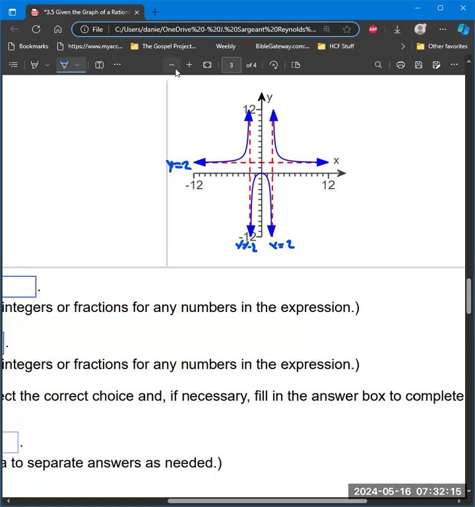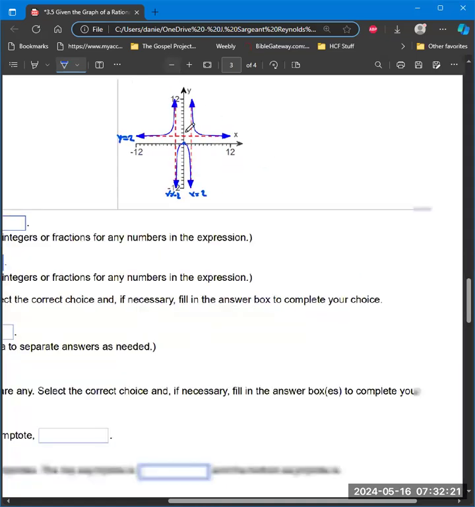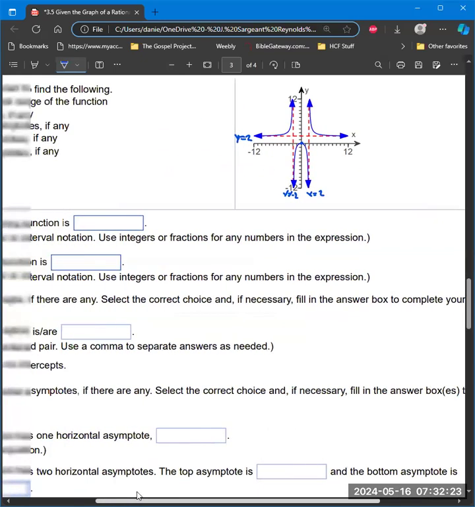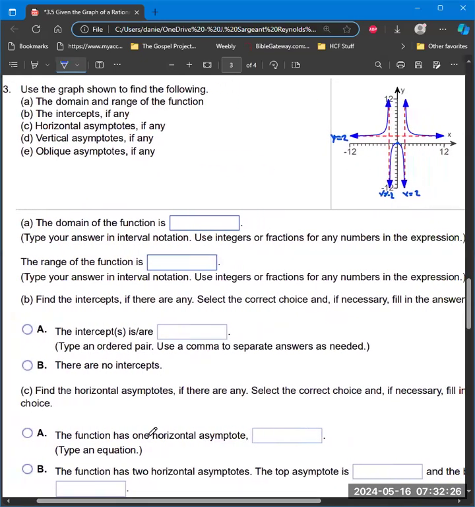And looks like it goes through 0, 0, even though that's not stated explicitly. So the domain is going to be -infinity to -2, union -2 to 2, union 2 to infinity.